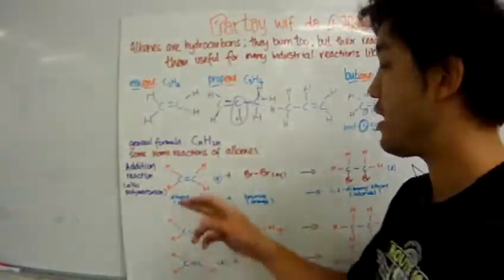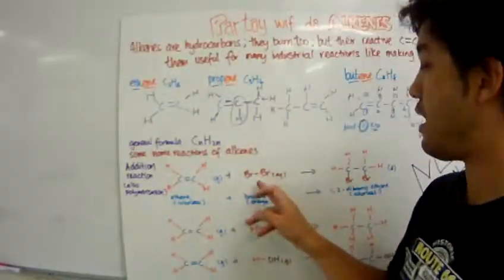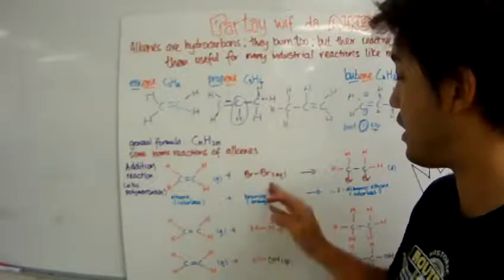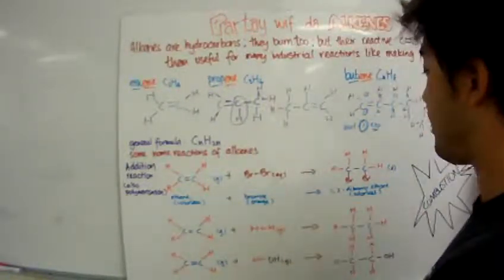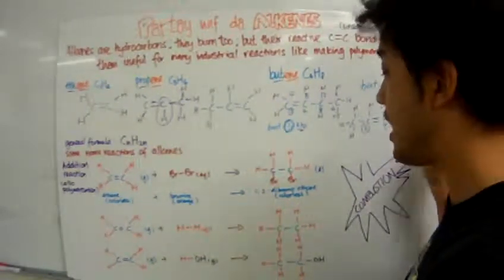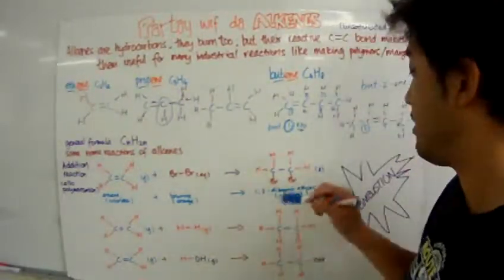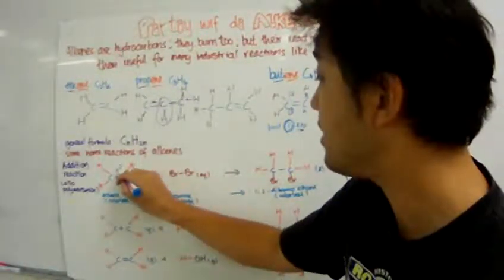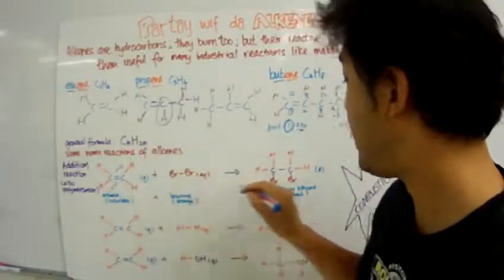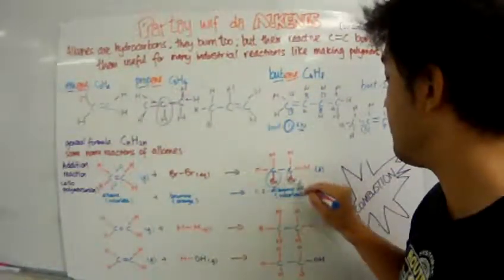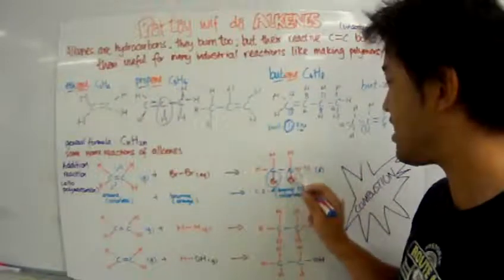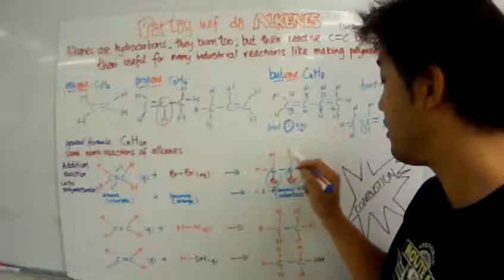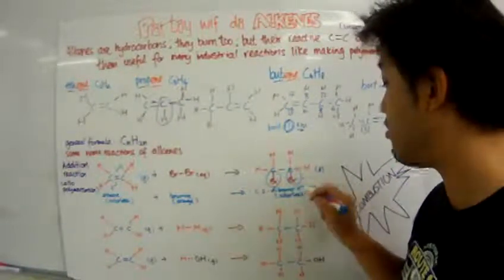For example, if I take an ethene and I subject it to bromine, aqueous bromine, I can get an addition reaction whereby the double bond will break and form bonds with the bromine, and this molecule here will be called 1,2-dibromoethane.